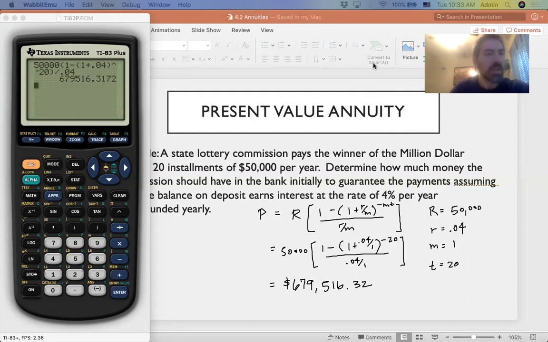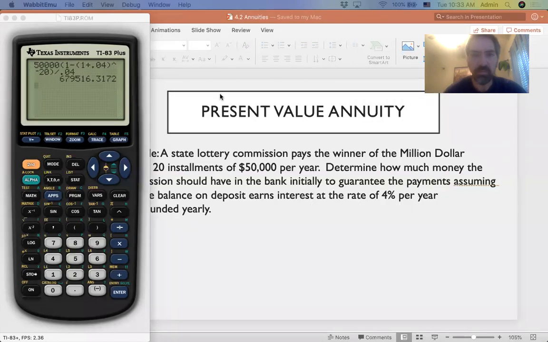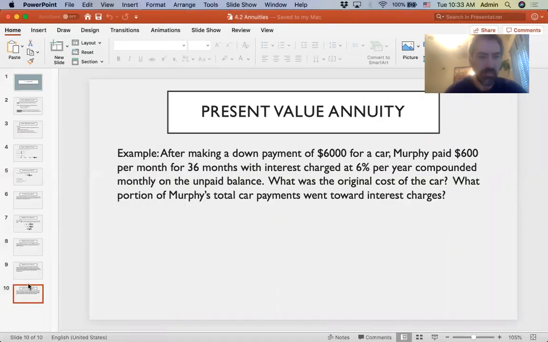We've got one more example that we can take a look at. This one, we're going to purchase a car. Murphy's buying a car.